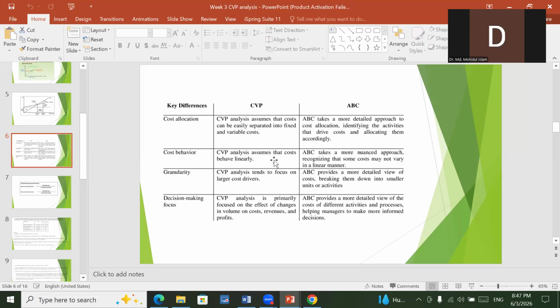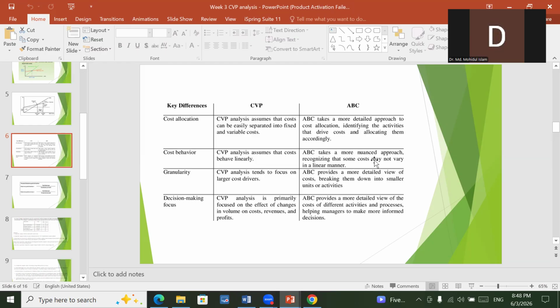CVP analysis assumes that costs behave linearly. Linearly means there is a specific pattern for variable cost, a specific pattern for fixed cost, and a specific pattern for sales revenue. This specific pattern is called a linear relationship. One is dependent on the others.